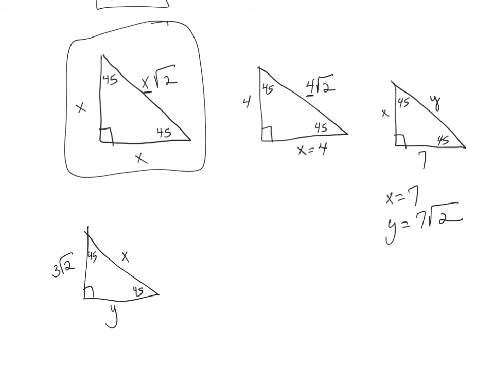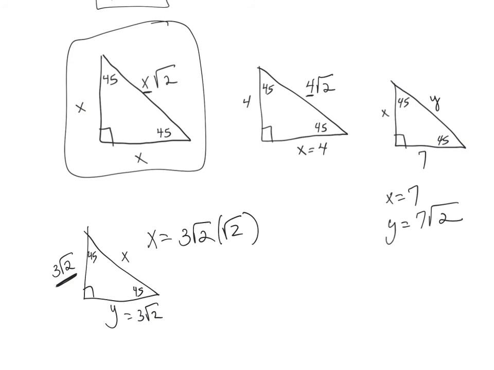Okay, so that means obviously y is going to be 3 square root 2 because the legs are the same. Now, it's the entire length of the leg, which is 3 square root 2, times the square root of 2 that gives me the length of the hypotenuse.